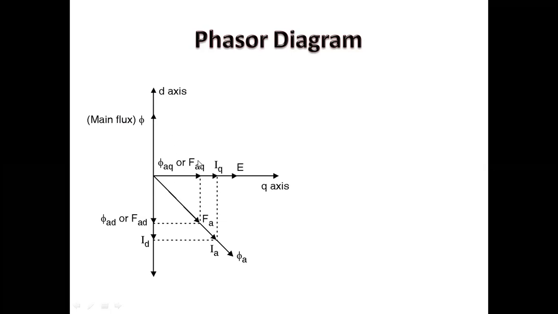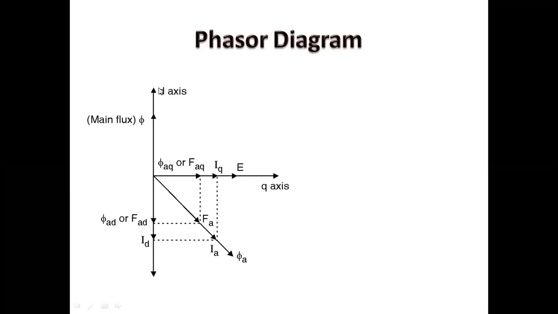Now, as we know, EMF of alternator is produced because of electromagnetic induction. And this EMF obviously lags the flux by 90°. So EMF E is plotted, which is shown at 90° lagging to D axis.